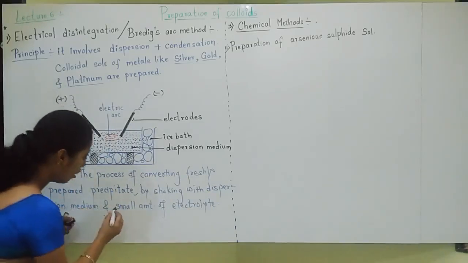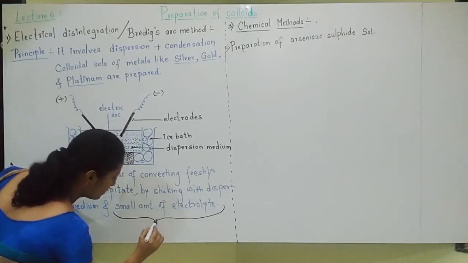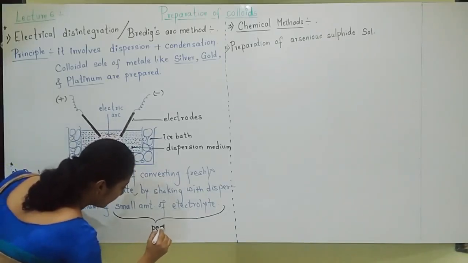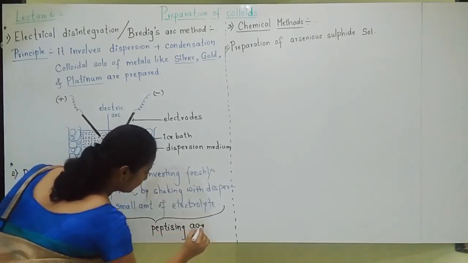Students, this small amount of electrolyte is called as peptizing agent.